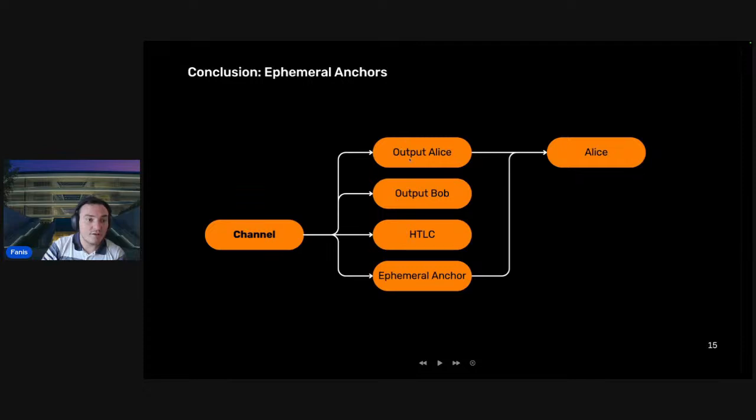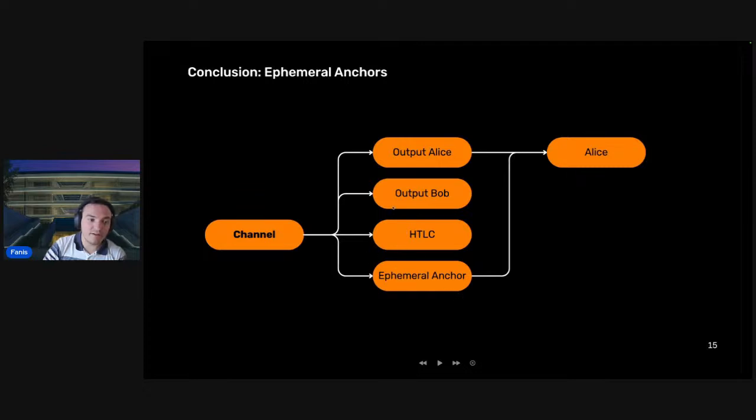She could use the funds coming directly from the channel, which is quite interesting and quite powerful, because that's one of the big subjects of improvement in Lightning, which is to get rid of the idea that you need to have a stash of funds at hand in order to be able to bump the fees of commitment transactions.